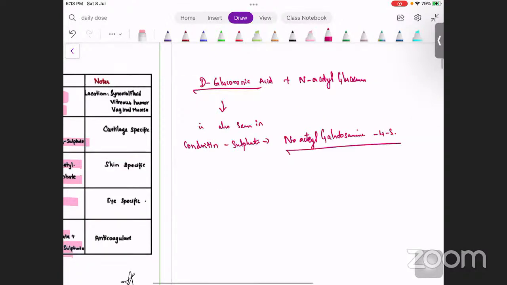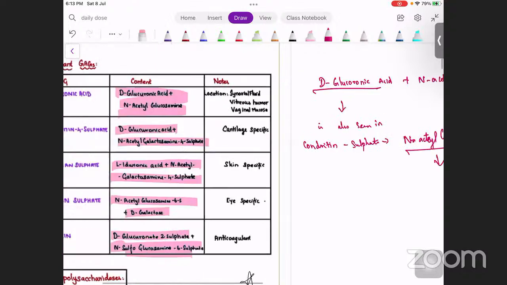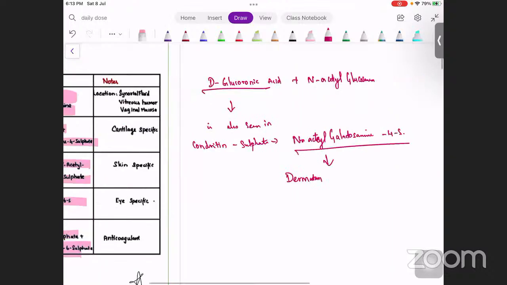And this N-acetyl galactosamine 4-sulfate is also common in your dermatan sulfate. Dermatan sulfate, the exception is the first part, where instead of D-glucuronic acid, you may see L-iduronic acid.